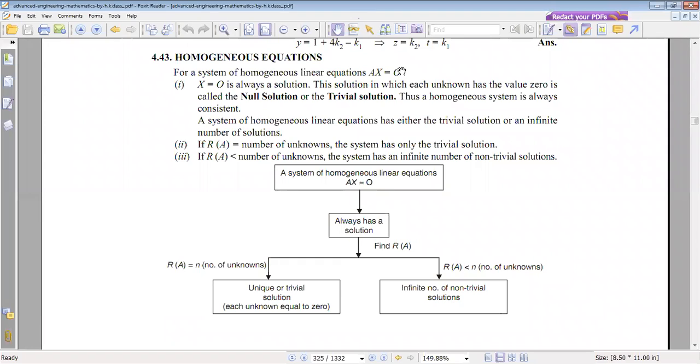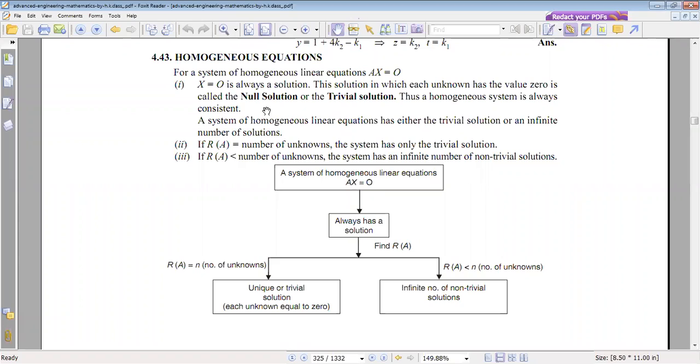For a system of homogeneous linear equations, Ax equal to 0, x equal to 0 is always a solution.